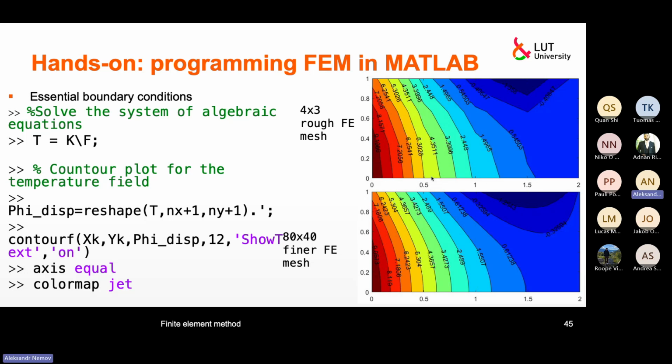And we don't see it really with this initial 4x3 mesh. This line doesn't look perpendicular to this bottom line, but this is just our approximation error. If we change the number of elements, and this is the picture that I made for 80 by 40 elements, we can now really see that those lines are coming into this lower boundary at the 90-degree angle, as it is supposed to be for an insulation boundary condition.